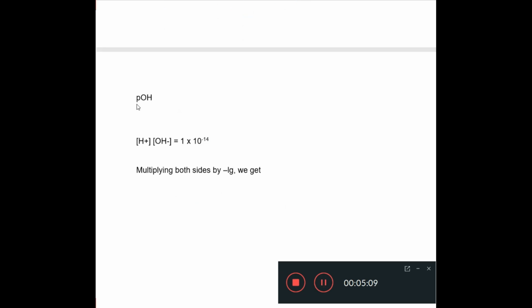I want to introduce you to a term called pOH. Now, we already know what pH is, and the P simply means minus log, so it's just a mathematical operation. So pOH actually means minus log the OH minus ion concentration.